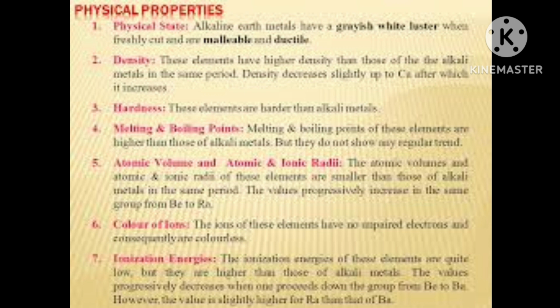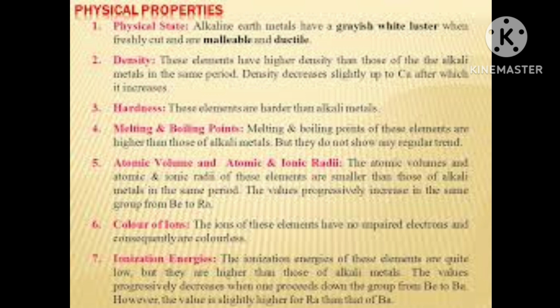Now barium is again more reactive than strontium because its value is more negative, minus 2.92. That's why barium is more reactive than strontium. And now radium and barium both have the same value, which means their tendency of losing the electron is increasing as you go down the group.